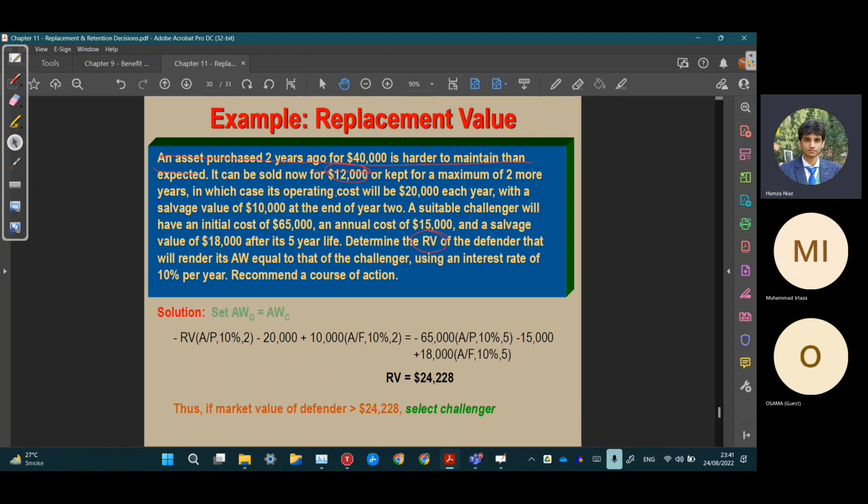The annual operating cost will be 20,000 for each year. The salvage value will be 10,000 at the end of year 2. A suitable challenger would have an initial cost of 65,000, annual cost of 15,000, and salvage value of 18,000 after a 5-year life. So the life of the challenger is 5 years, and the life of the defender is 2 years.